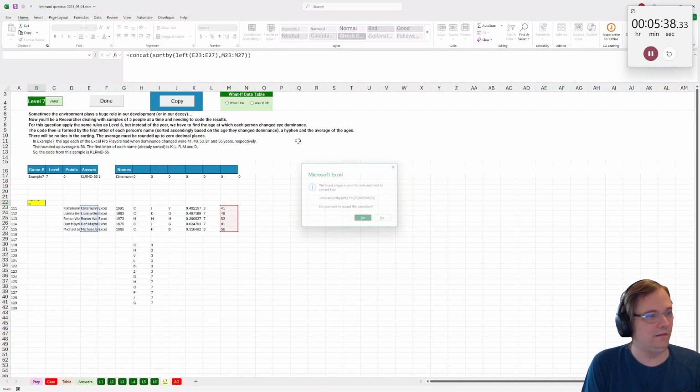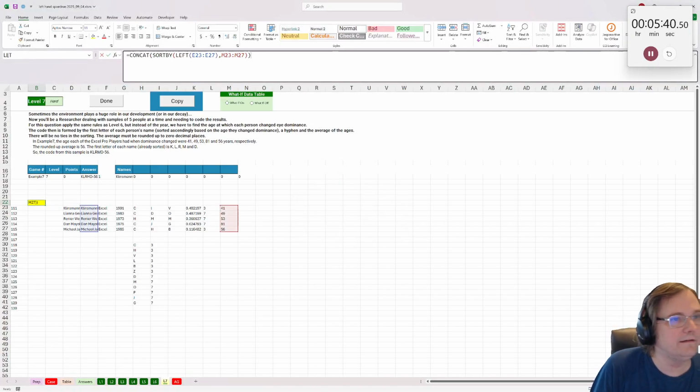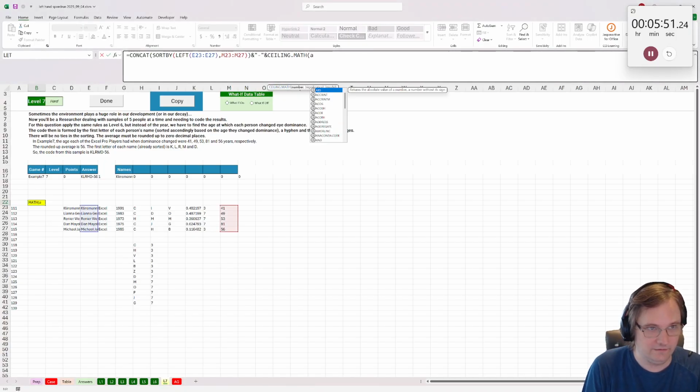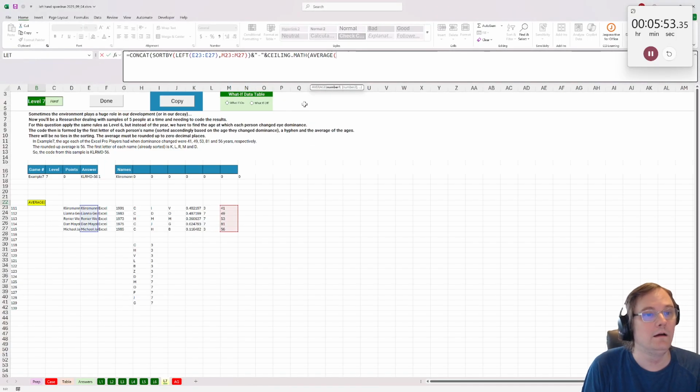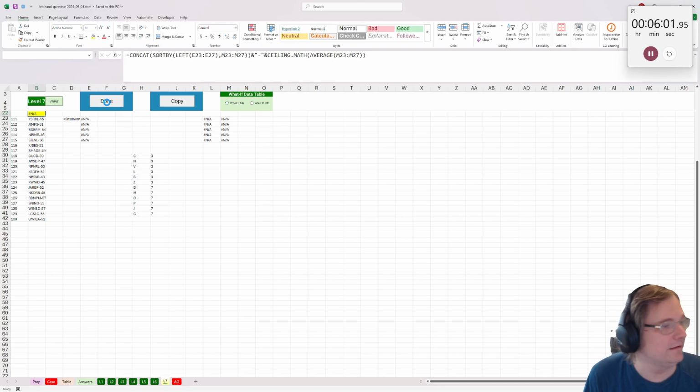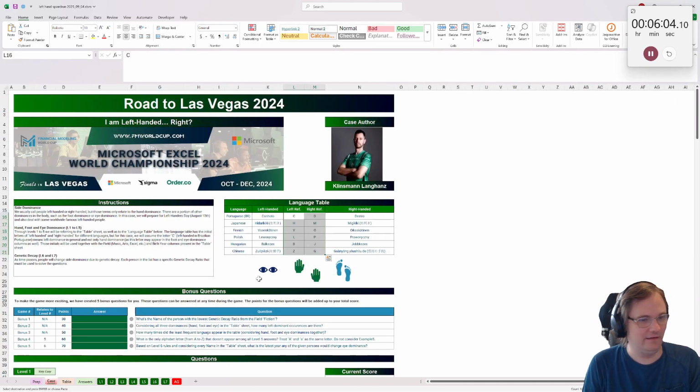So that should be the first part of that, and it is. And then I'm going to add in a dash, and add in the ceiling rounded average, right? According to the instructions, you round up of this stuff here. It looks right. Let's see if we made any mistakes.